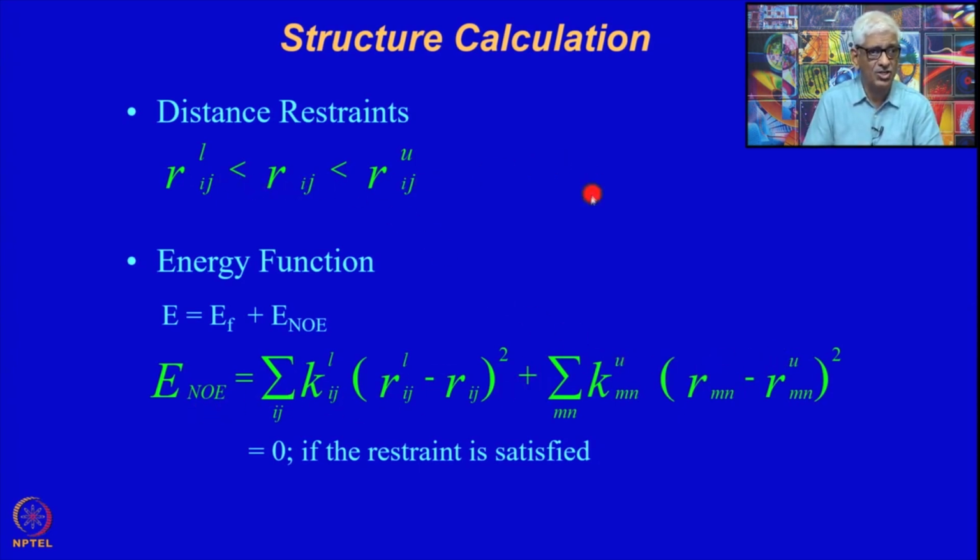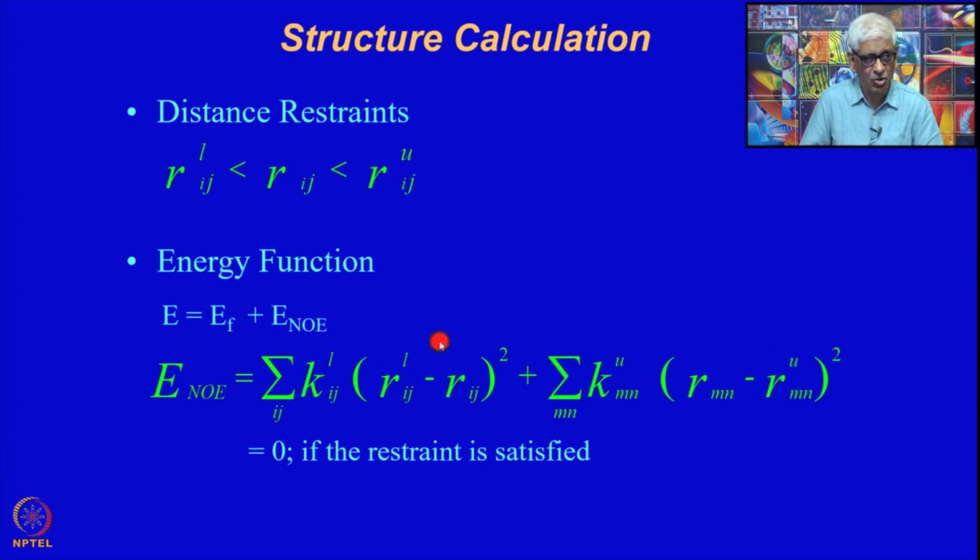Let us say you have 1000 distances. For 1000 distances, meaning you have 1000 distance restraints, each one of them has an upper bound and a lower bound. So, for each of those pairs of distances, I calculate what is the deviation from the expected value. You have this particular force constant, and then you define this potential function for violations from the lower bound and violations from the upper bound.